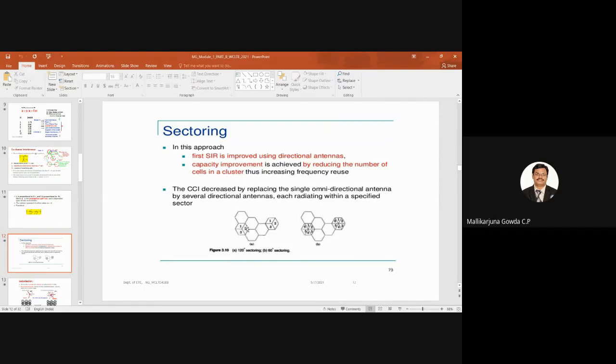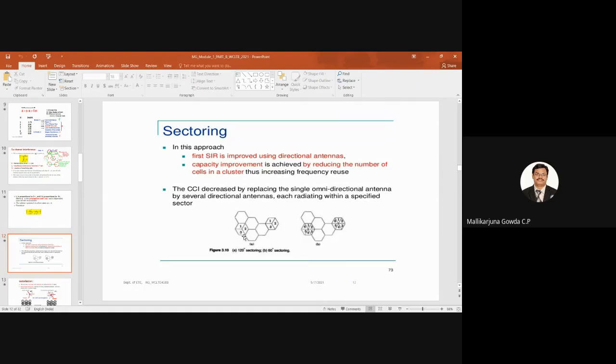Hope you are able to see this. The given cell is divided into 3 sectors. The angle between those 3 sectors will be 120 degrees. So 120, 120, 120, it will be 360 degrees, right? So I can divide one hexagon into 3 sectors. Hope you are understanding what I am saying. 1, 2, 3. So this is 120-degree sectoring.